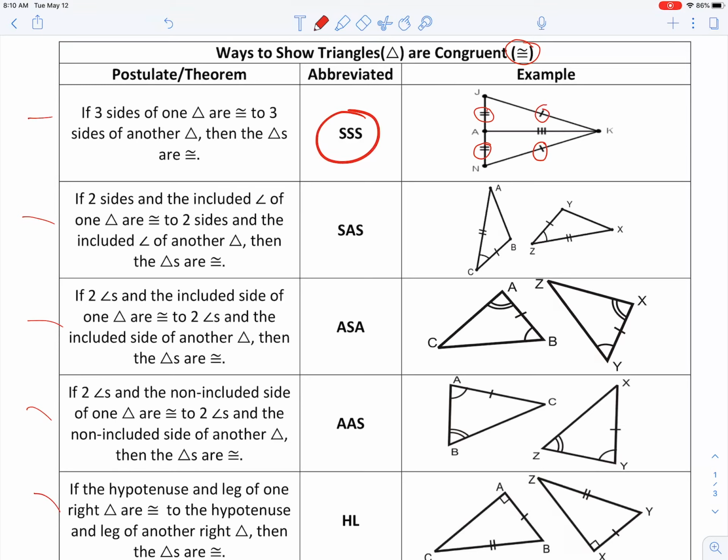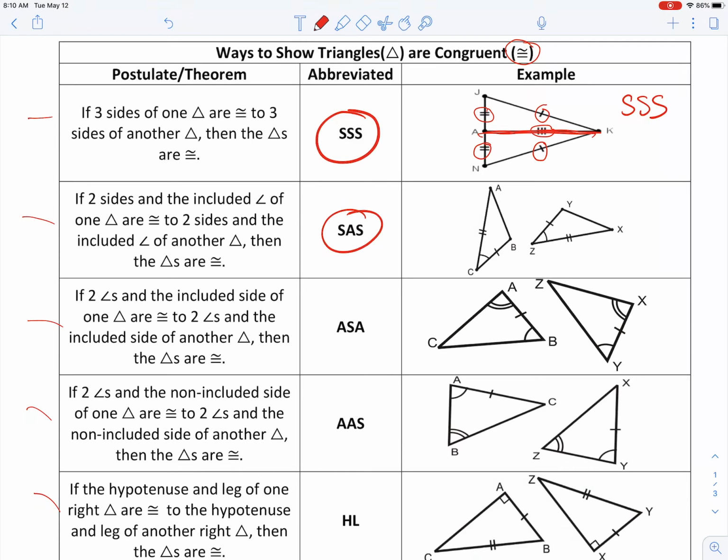Here's a side and here's a side that has one tick mark, so those two sides are congruent. And notice how this third side is shared by both of those triangles. So they have side, side, side. That proves that triangle JKA and triangle NKA are congruent.